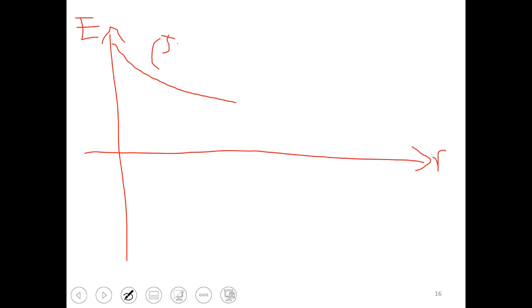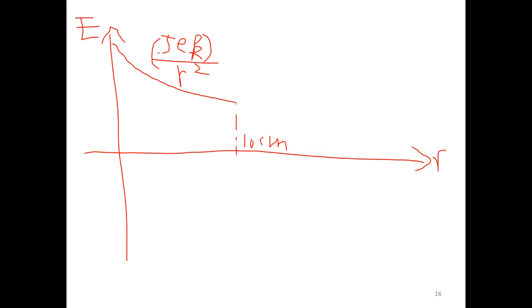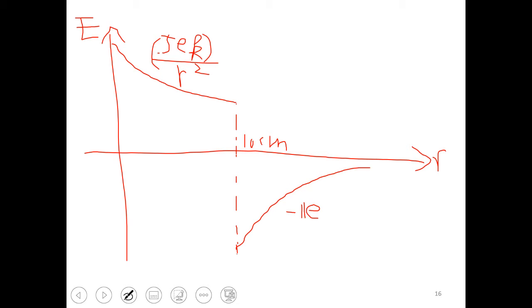Here is 5e k over r squared. This point is 10 centimeter, and after it, it will be somehow like here, negative 11e k over r squared.